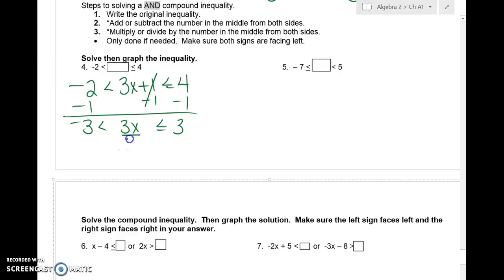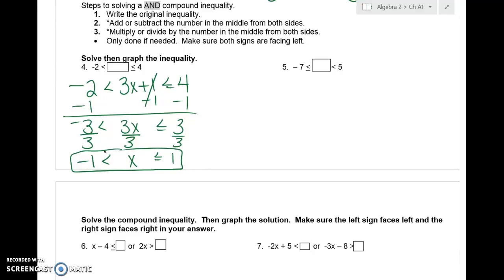Divide by 3, and if we divide by 3 in the middle, we divide by 3 on the left and on the right. We divided by +3, so the signs don't change, and our answer is -1 is less than x is less than or equal to 1. We're supposed to graph it. We can skip that. Your assignment doesn't have any graphing on it.